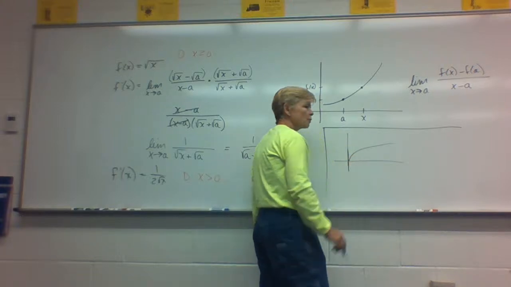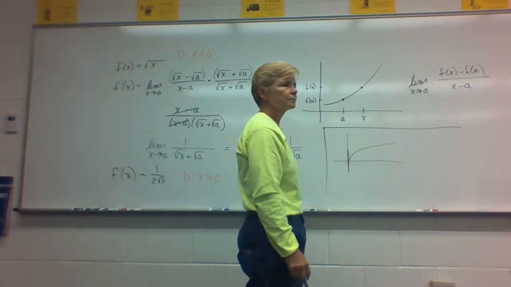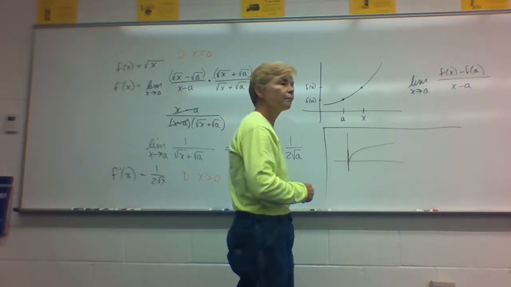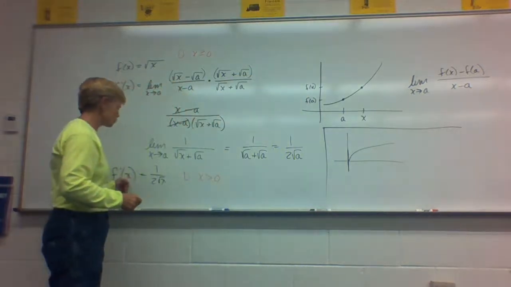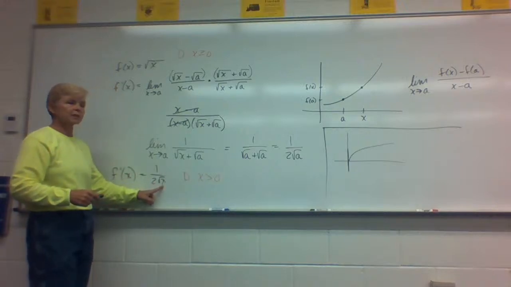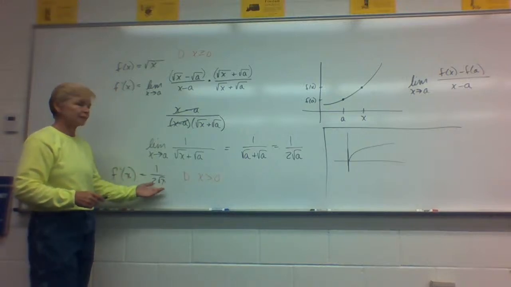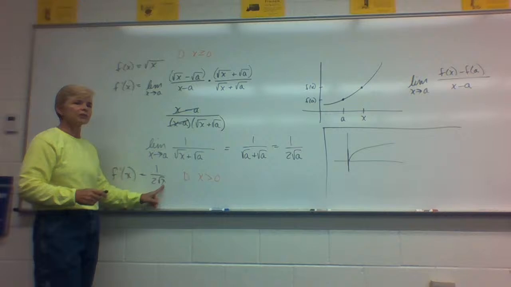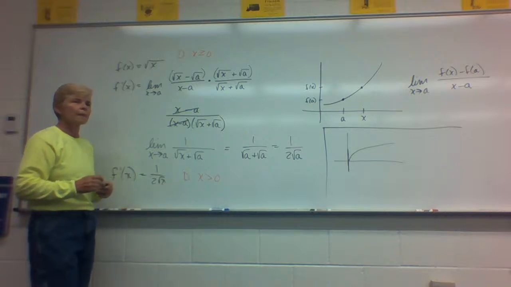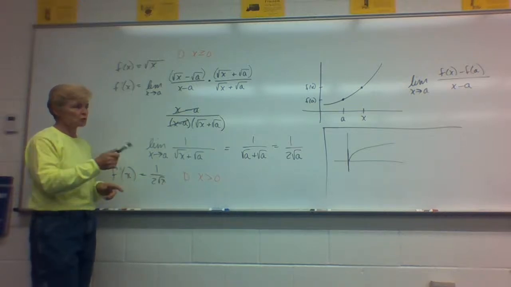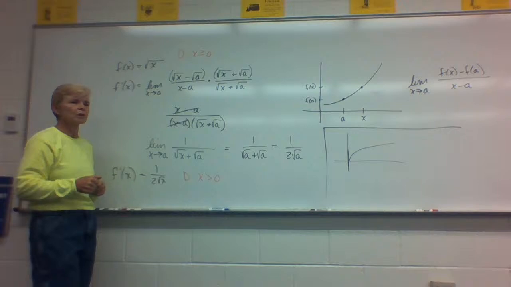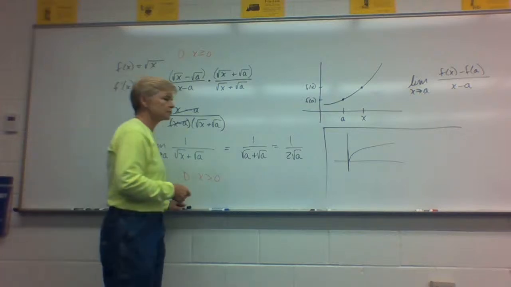Vertical. What is the slope of a vertical line? Undefined. So the derivative cannot generate a slope at 0 because that slope is undefined. Besides that, the derivative has the possibility to divide by 0, because 1 over 0 is undefined. So it's the slope there because it's a vertical line. It's all lining up.